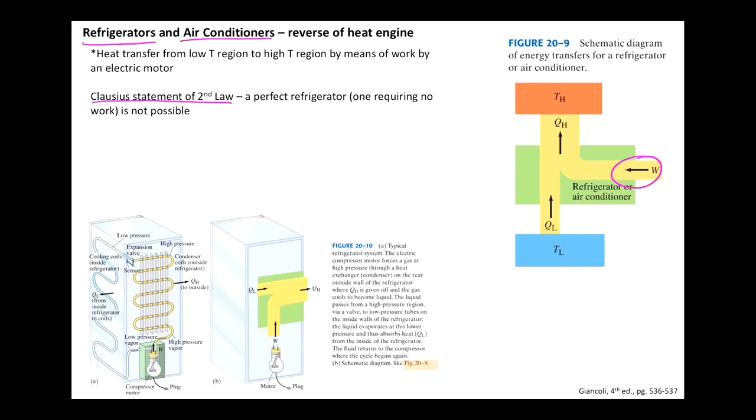So let's see. We have a couple of other equations I want to give you with this. We're not going to talk about it in great detail because we did all the detail talking about the heat engine. Just keep in mind the exact opposite is happening now. The heat is flowing from cold to hot, which allows you to create a colder region and exhaust heat to some place that's warmer. So we've got something known as the coefficient of performance.